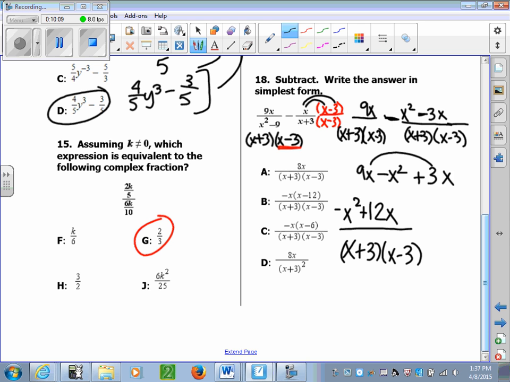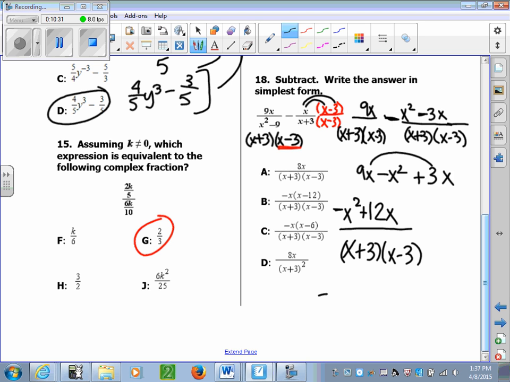Alright, so I still don't see any answer choices that match exactly, but some that are kind of similar. So now we need to factor our numerator and see if we can find an answer that matches. So in my numerator, I know they both have an x in common. And I also know whenever I see a negative in front of that leading term that I need to factor out or pull out a GCF of a negative.